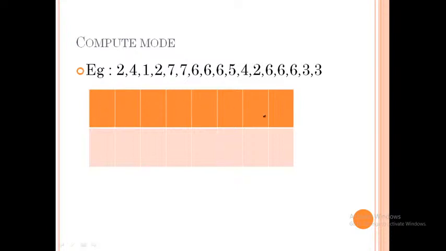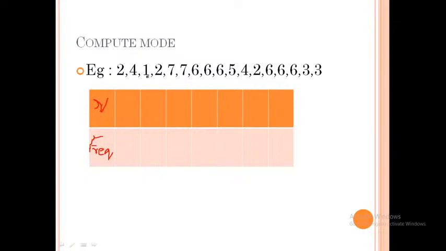First, make a frequency distribution table like this, with 2 rows and consecutive columns. Here you write the variable, and here you write the frequency. The variables you have to identify from this question.